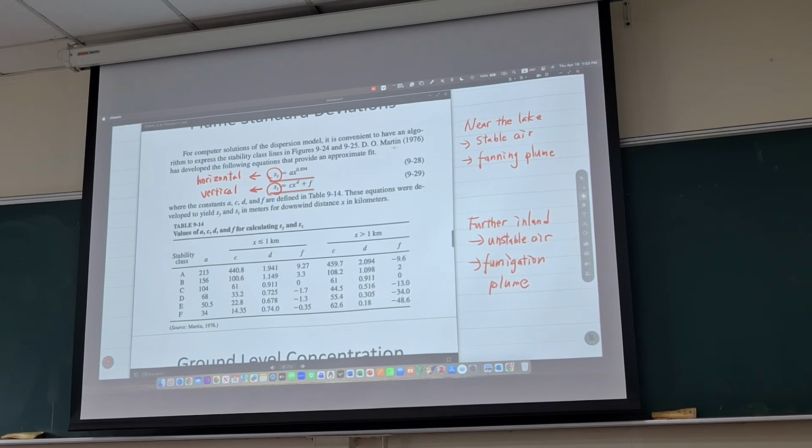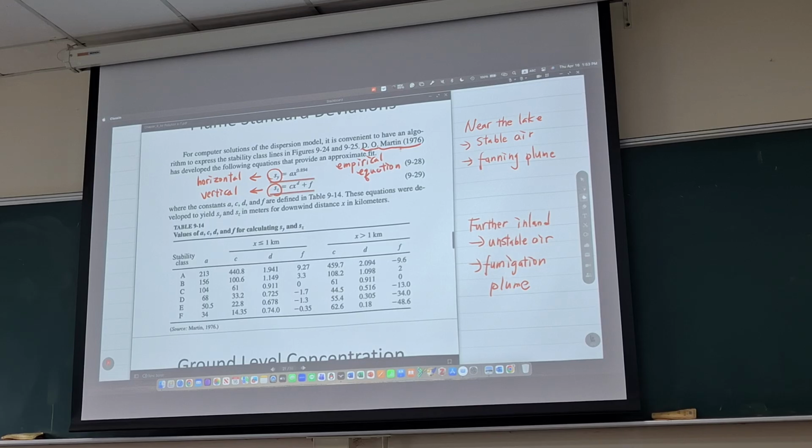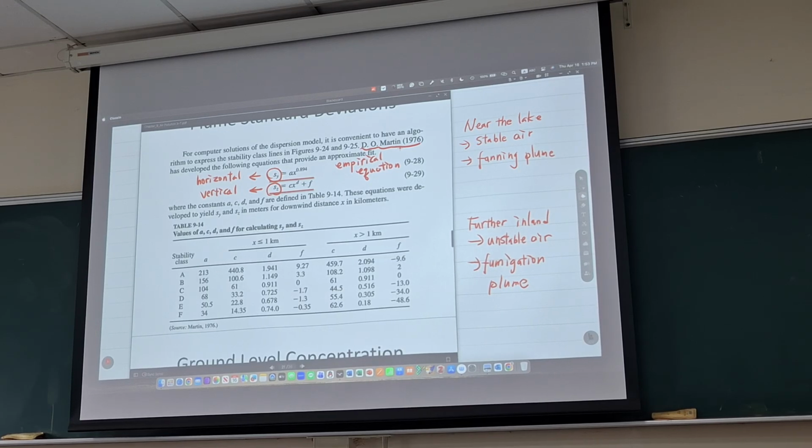So this is an empirical formula, derived by this guy, D.O. Martin, in 1976. These two are empirical, based on experimental results and theories.